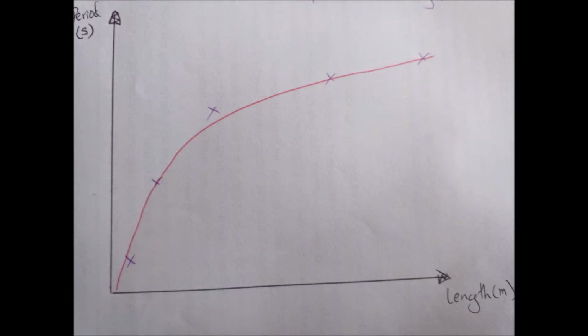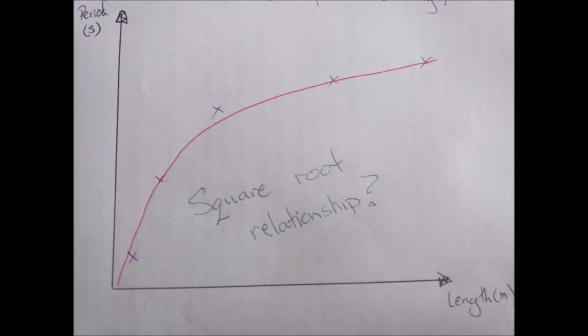Once again, we don't have to do that. And if we were wondering what sort of relationship our curvy graph showed, the one that we don't have to draw, we might think that it shows a square root relationship, x to the power of a half.